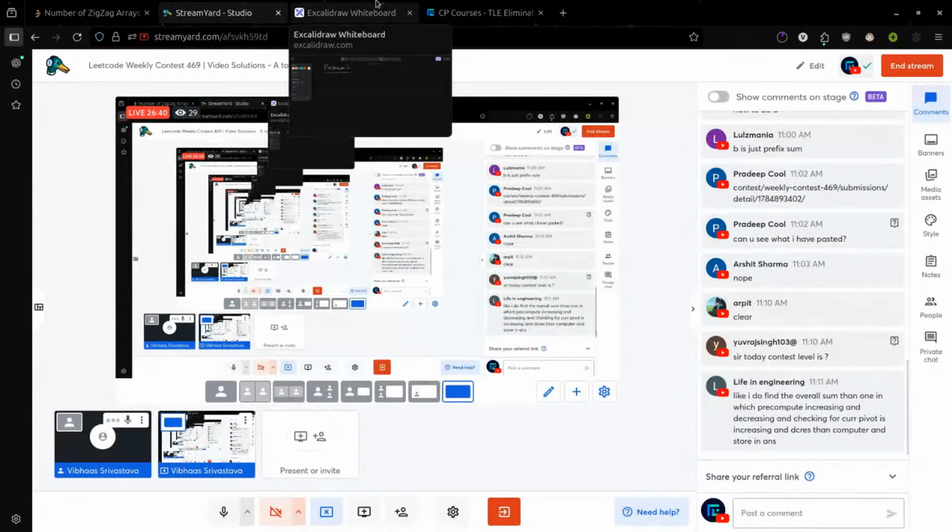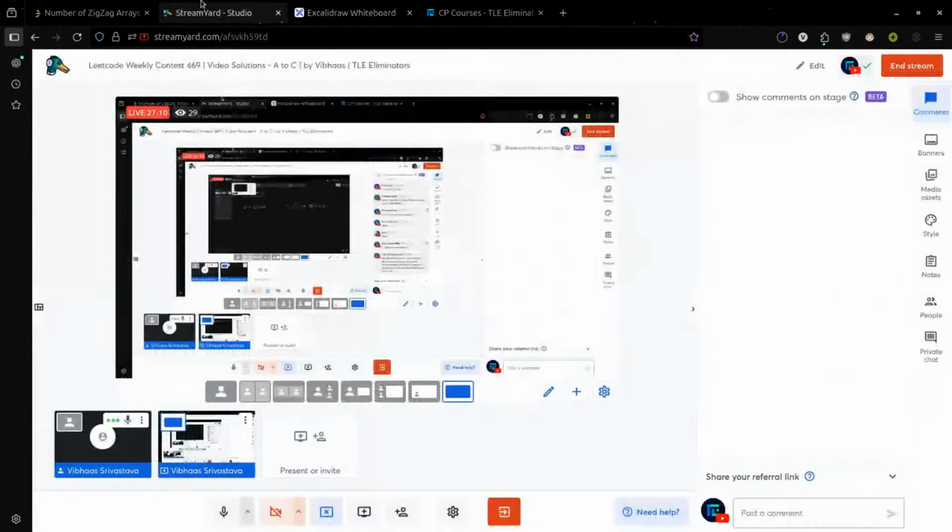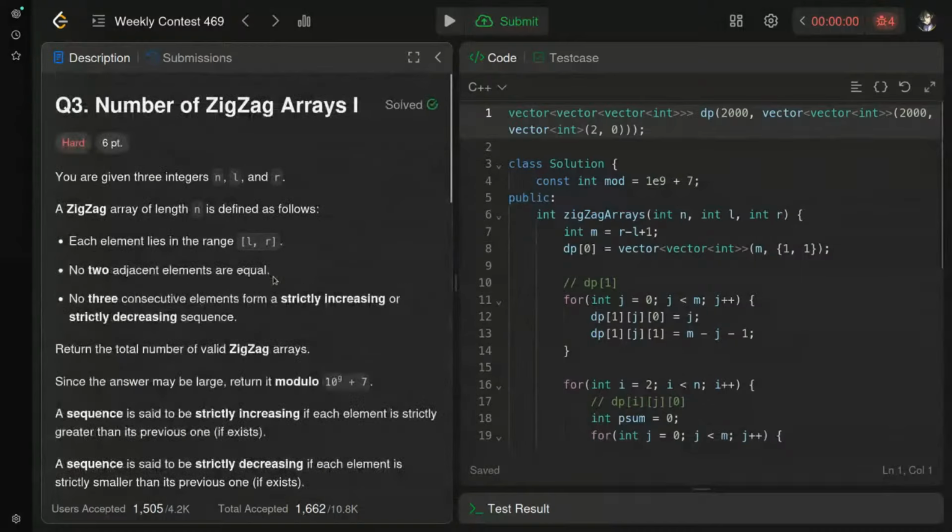So you can guess that the expected time complexity would be big O of N squared, or it could be something like big O of N times R minus L. So basically N squared solutions will pass, and we need to find the total number of zigzag arrays.